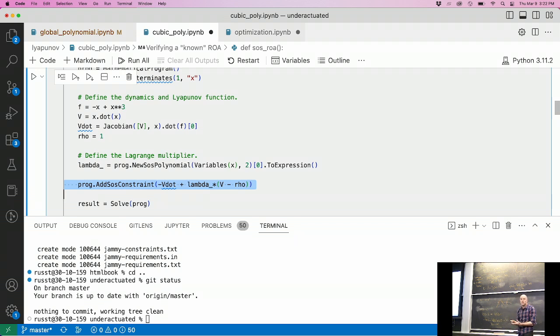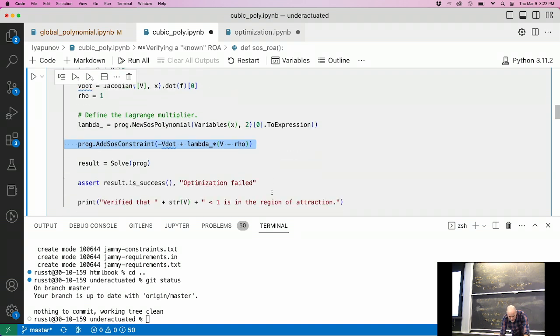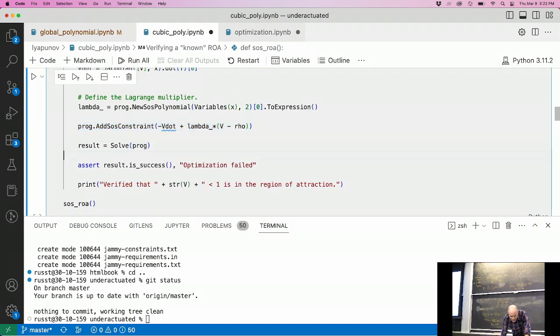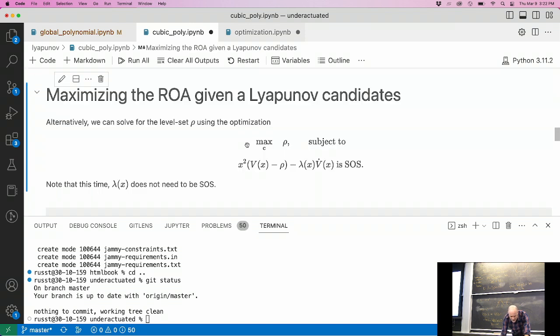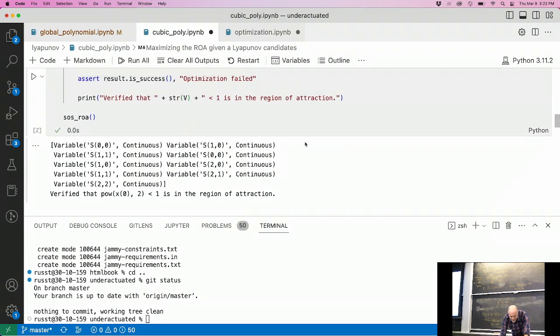What are the decision variables in this problem? Those are the decision variables.